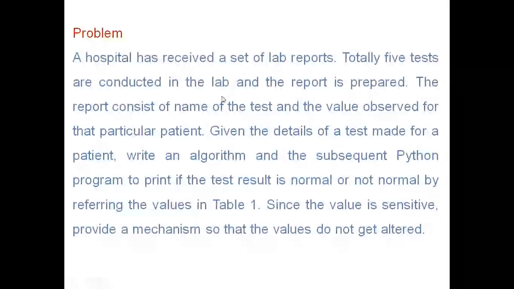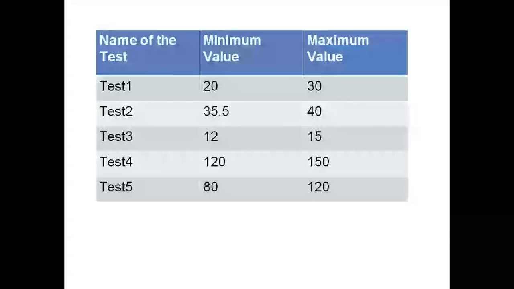Right? So what is given in this problem is a lab report of a particular patient. For that patient, they can conduct a number of tests and the result of each test is given to you. You have to say whether the value for that particular test is normal or abnormal. That is what is expected from this program, right? So this is the table given.